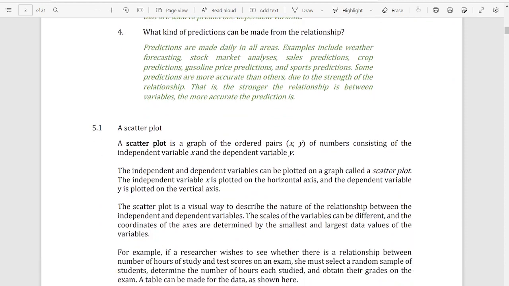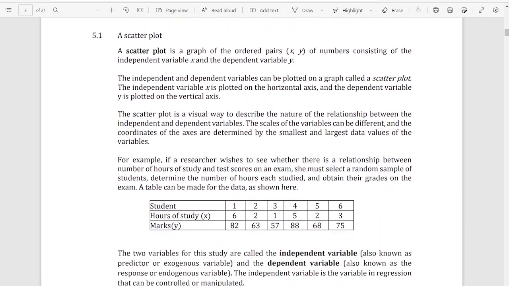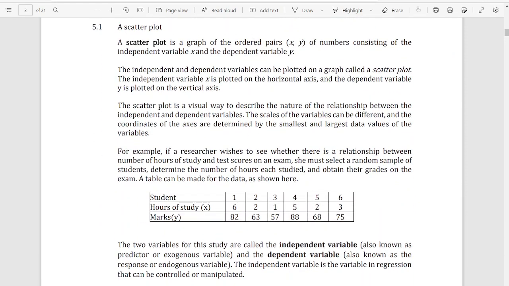Okay, next we're going to look at what is meant by scatter plot. So a scatter plot is just simply a graph of ordered pairs x and y, where x here refers to the independent variable data ataupun values, and y refers to the dependent variable values or data. Alright. It is a set of numbers consisting of the independent variable X and the dependent variable Y. So, dia adalah dalam bentuk pairing.